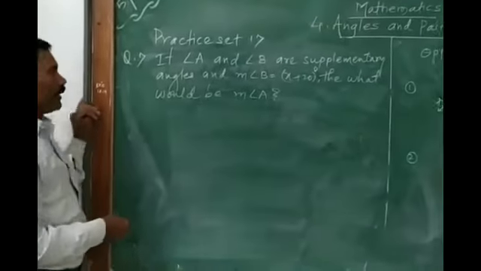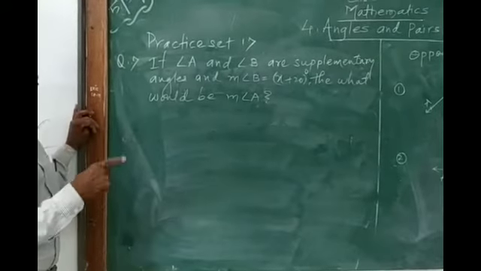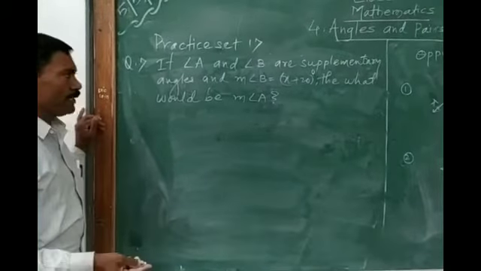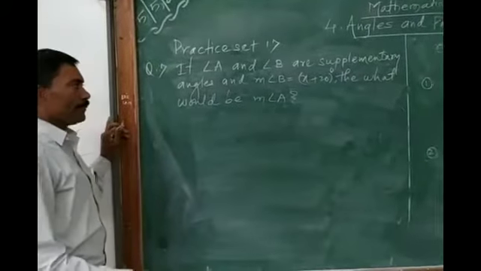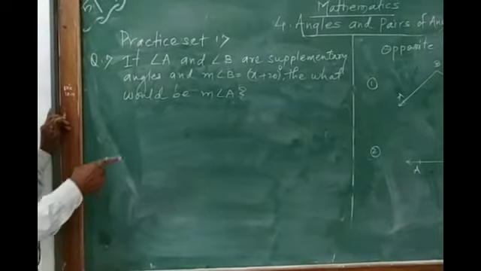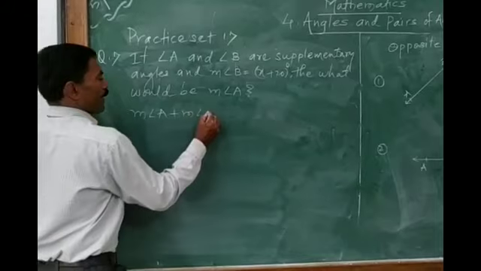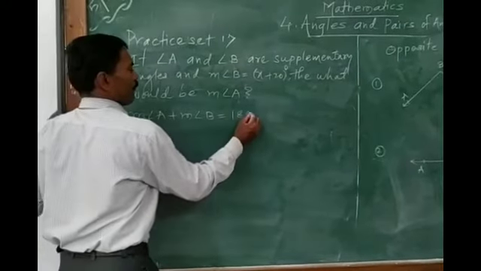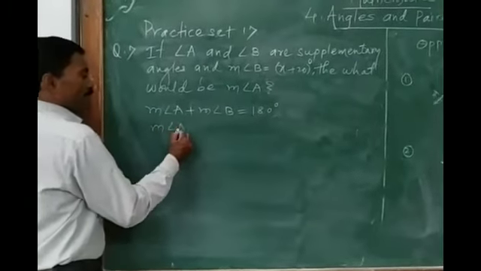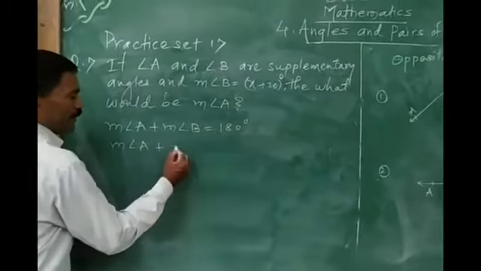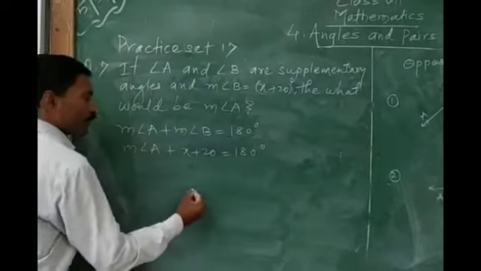Question 7. If angle A and angle B are supplementary angles and a measure of angle B is x plus 20 degree, then what would be measure of angle A? By the definition of supplementary angle, measure of angle A plus measure of angle B is equal to 180 degree. A is not given, therefore we write measure of angle A, but it is given x plus 20 is equal to 180 degree.